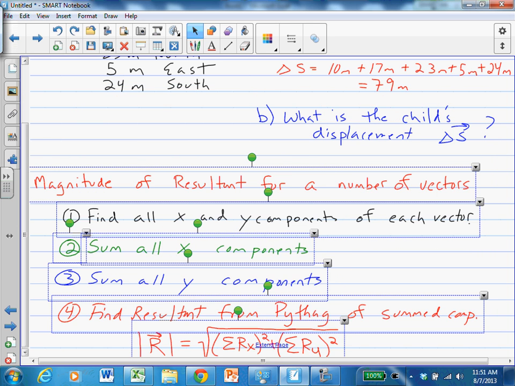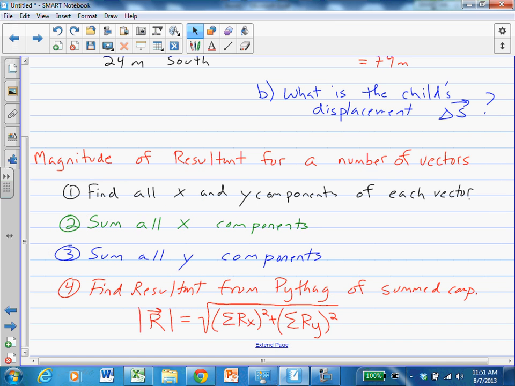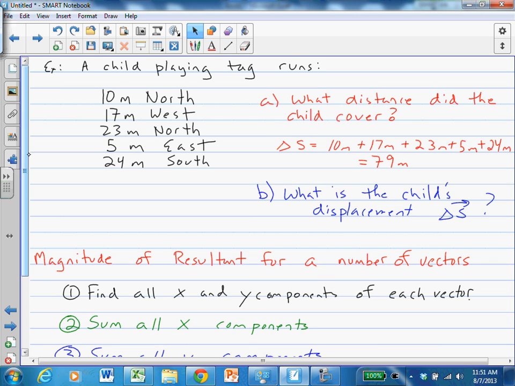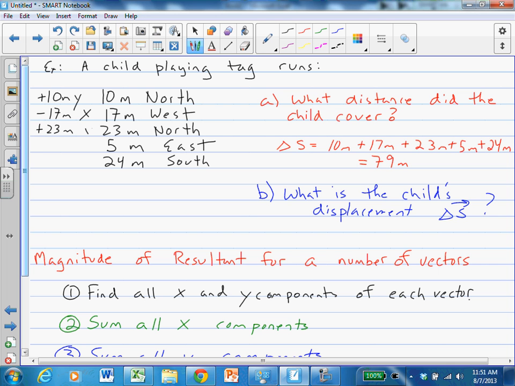In this case, going north 10 meters is plus 10 meters y, isn't it? 17 meters west would be minus 17 meters x. 23 meters north would be plus 23 meters y. 5 meters east would be plus 5 meters x. 24 meters south would be minus 24 meters y.